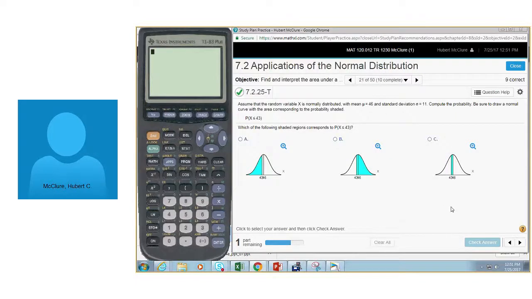Okay, so here's the problem: less than 43, with a mean of 46 and a standard deviation of 11. First thing to do is draw a picture. 46, 11, and 43, right?